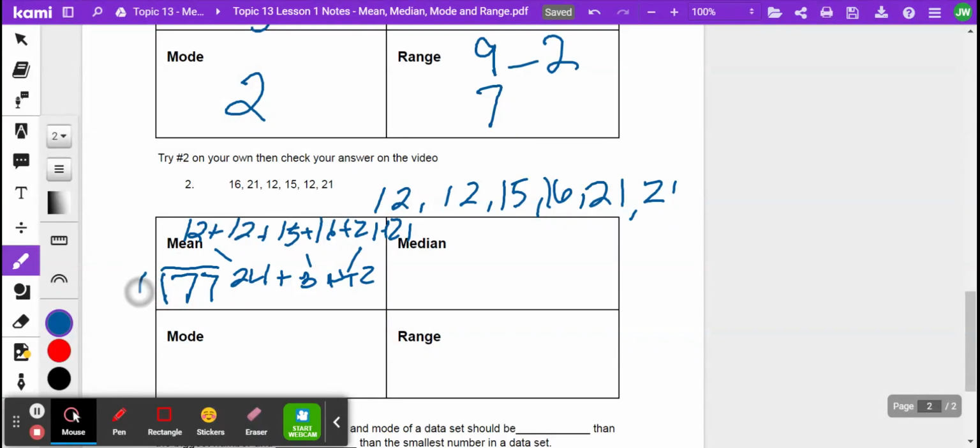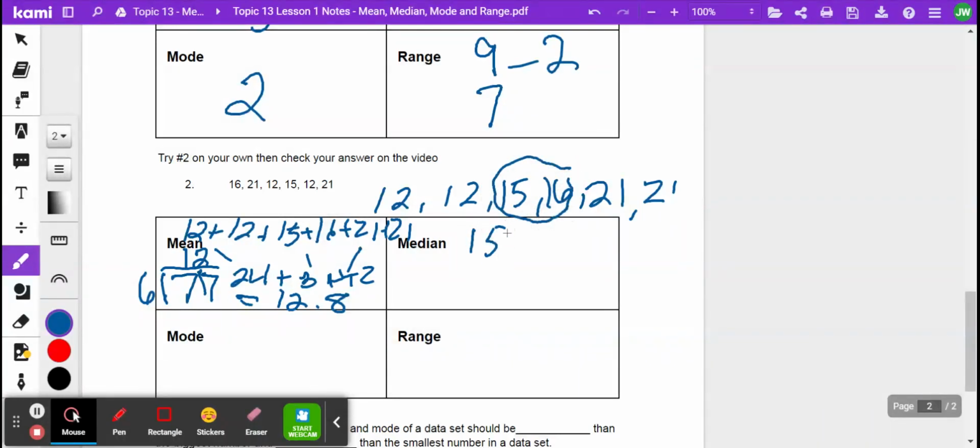I'm going to divide that by 6, because there are 6 data points, and I get 12.8 approximately.